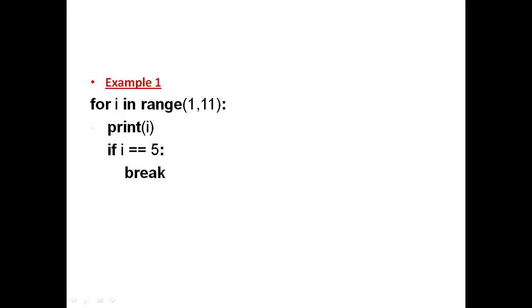One is the print statement, another one is the if statement, and another one is the break statement, which is inside this if statement again. So there are 2 blocks of code. One is inside this if, and another one is inside this for loop.